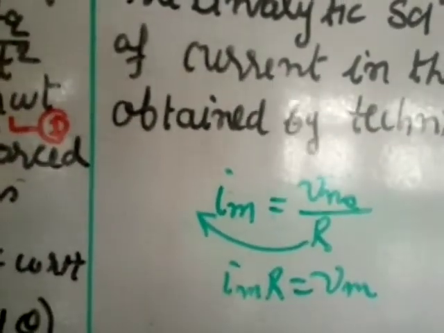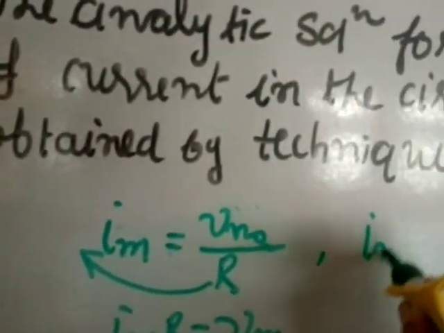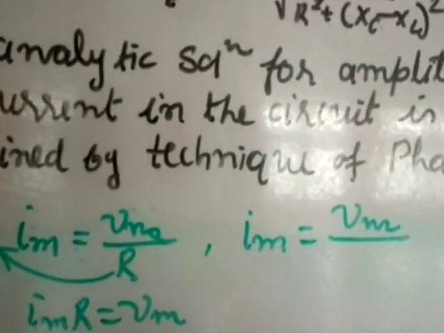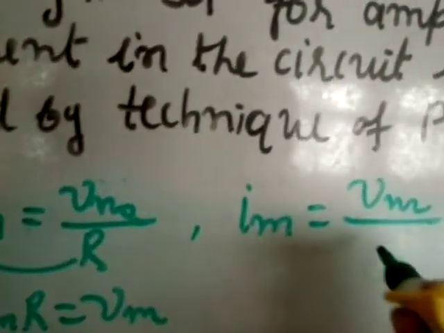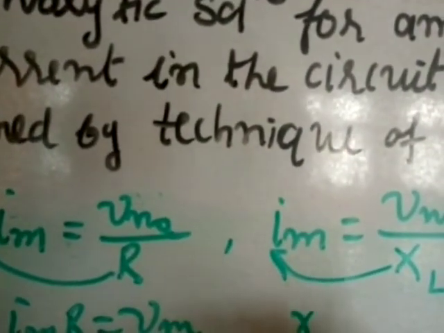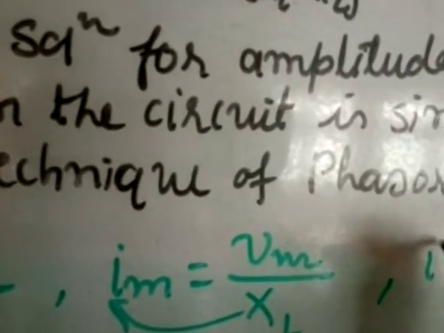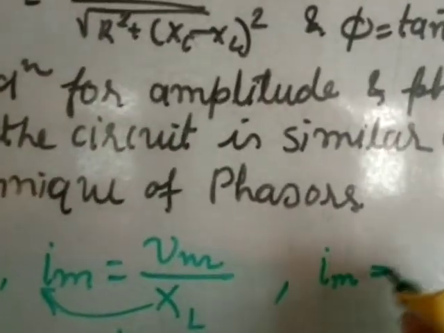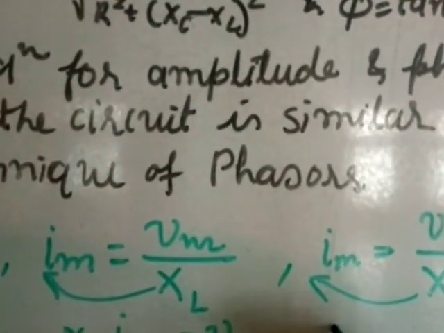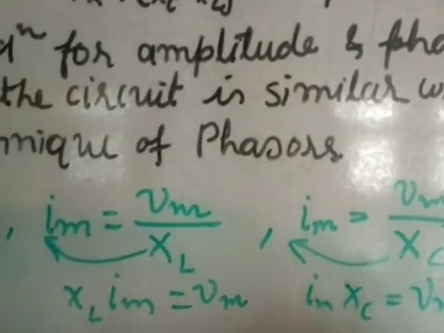Similarly, for the pure inductive circuit, the current is Vm divided by the resistance offered by the inductor, which is taken as XL. If you transfer XL here, you get XL into Im is equal to Vm. Similarly, for the pure capacitive circuit, Im is Vm divided by Xc, and if you transfer this here, you get Im Xc is equal to Vm.